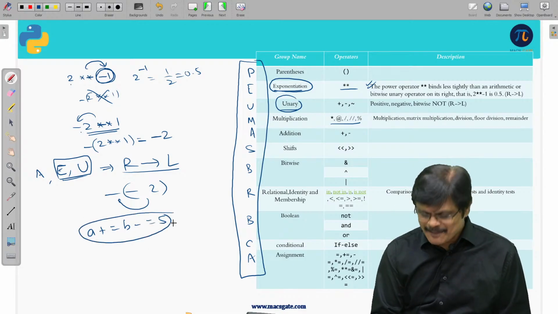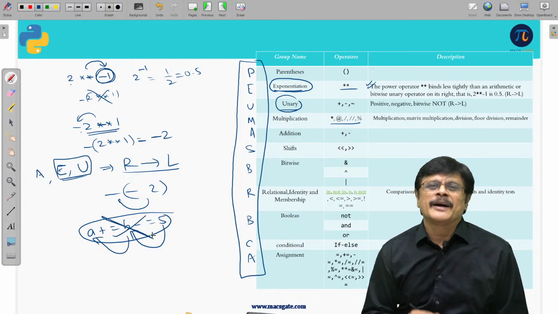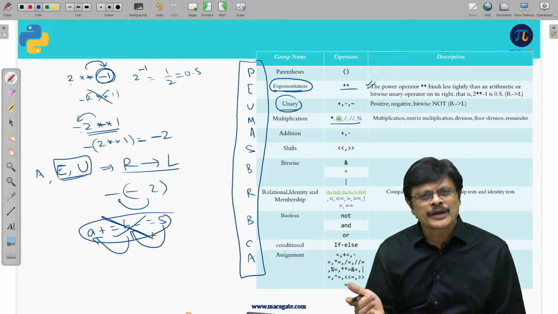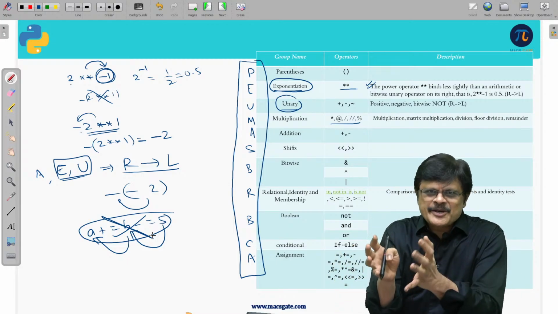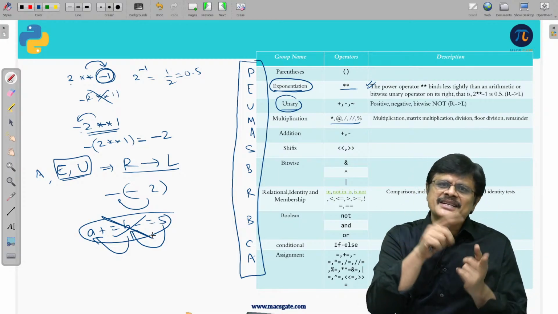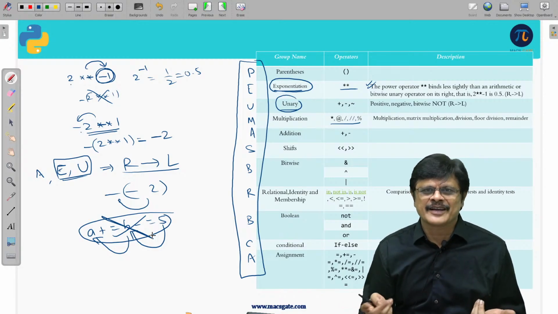Because of that, you have to say right to left association. But in Python, this chaining is not allowed. Obviously, the right hand side expression is evaluated, then it is assigned in this order only. In that sense you can say it is right to left, but that has no real significance to mention.